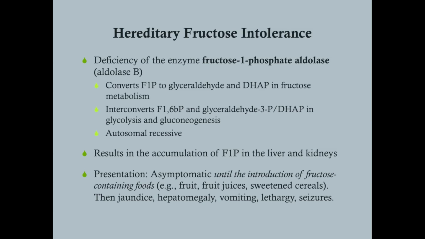So it stops gluconeogenesis. It stops the breakdown of glycogen, and so there's going to be less glucose getting out into the bloodstream, and that's why this is a fructose-induced hypoglycemia. So they get vomiting, lethargy, and seizures. Those are all symptoms of hypoglycemia. So jaundice, hepatomegaly, vomiting, lethargy, and seizures. And they can also ultimately get renal dysfunction as well.